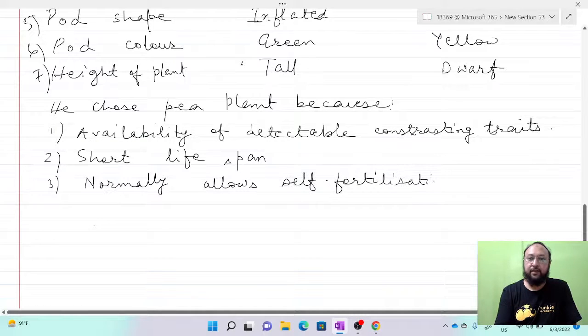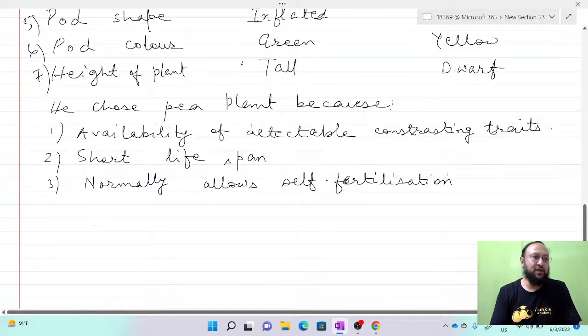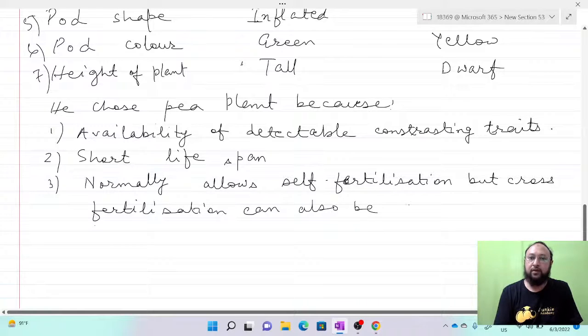It ensures that the characters come from the parents to the offspring exactly, without mixing with another. But cross-fertilization can also be carried out, to observe the variation. So this is another advantage.